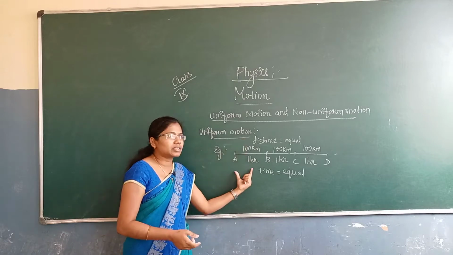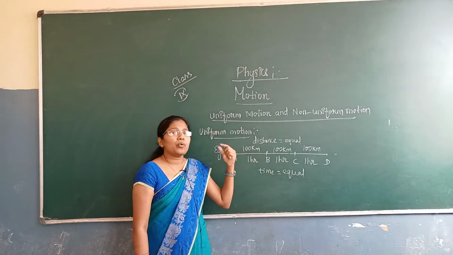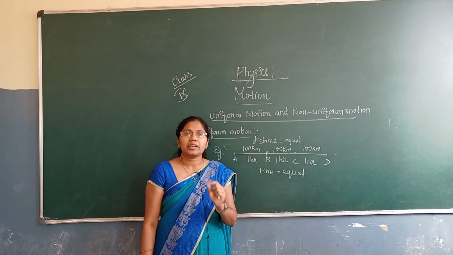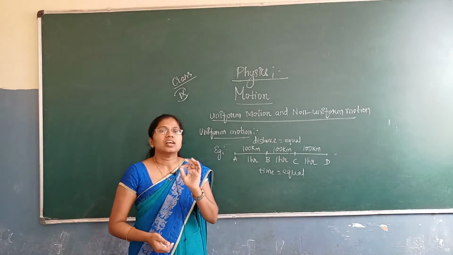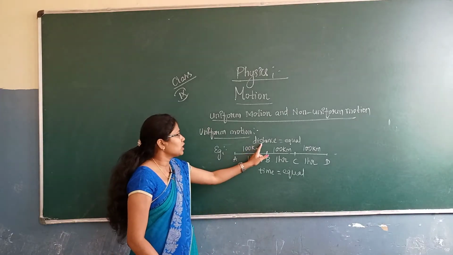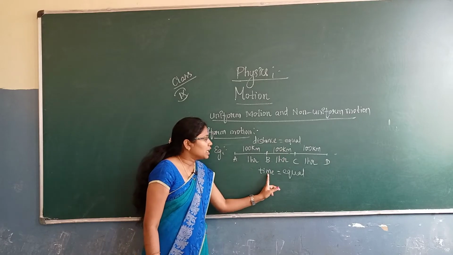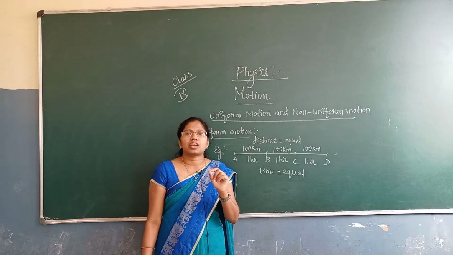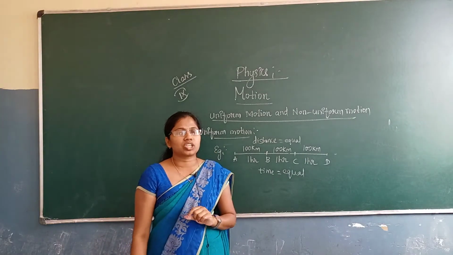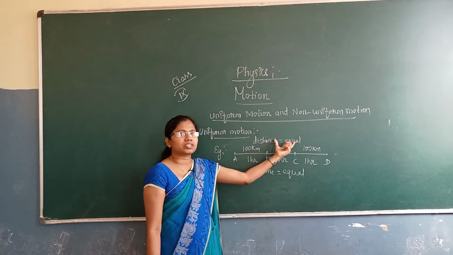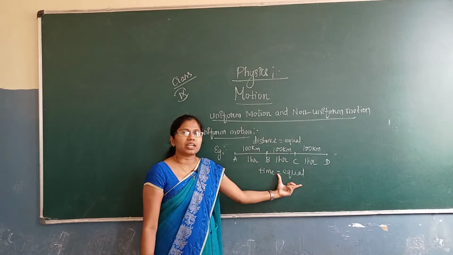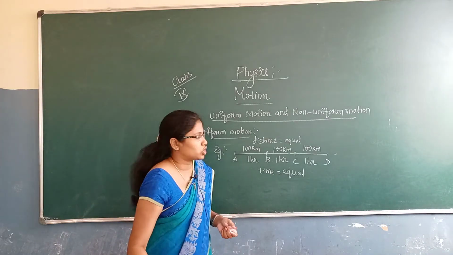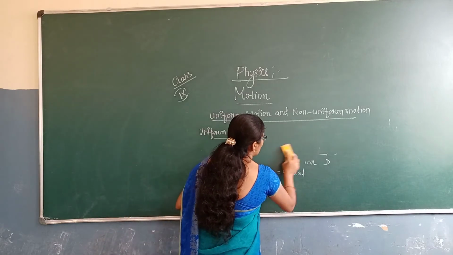Just by looking at this example, how are we going to define uniform motion? We can define uniform motion as: if an object covers equal distance in equal time intervals, then such type of motion we are going to call uniform motion. Let me write down the definition of uniform motion.